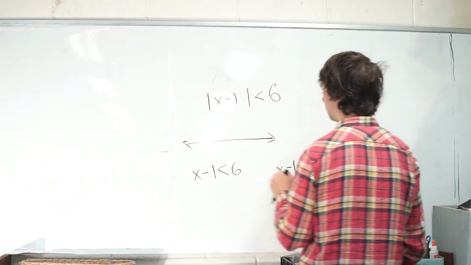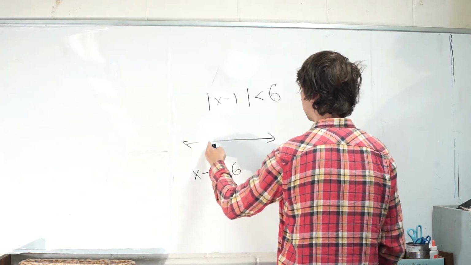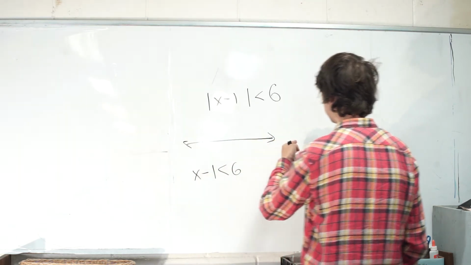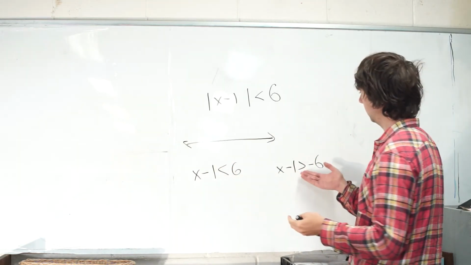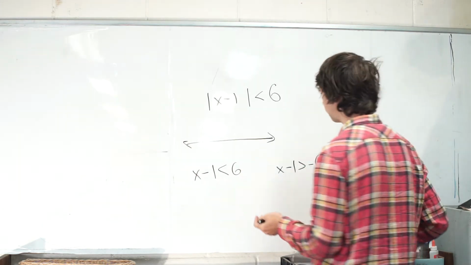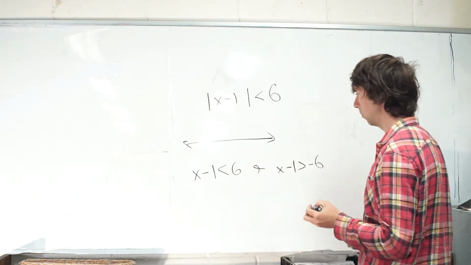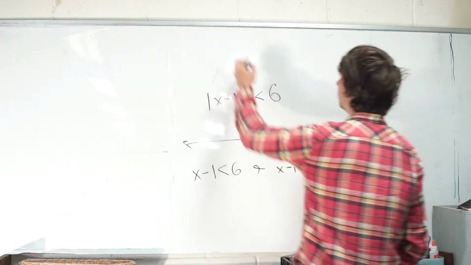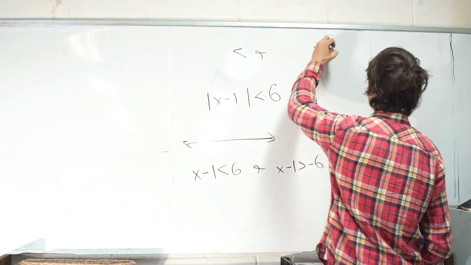But in this case, it's not like it's less than 6 or greater than -6, because that would just be everything, right? Everything is like greater than some negative number and smaller than some positive number. So instead, we connect this with an and. The other one was connected with an or. So you got to keep track of that. Less than is and, greater than is or.